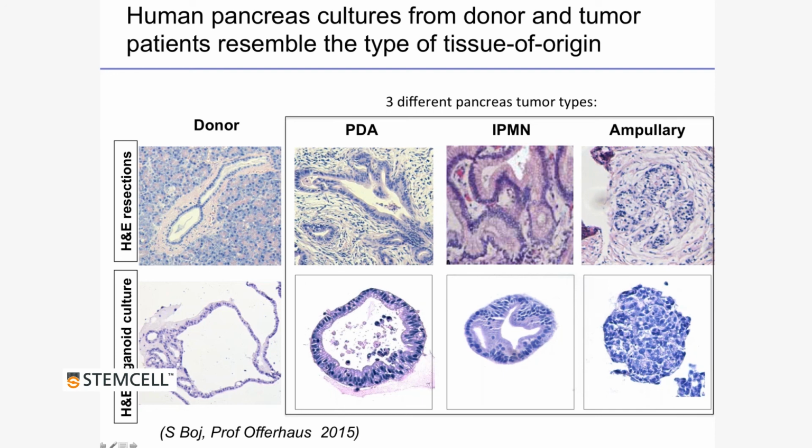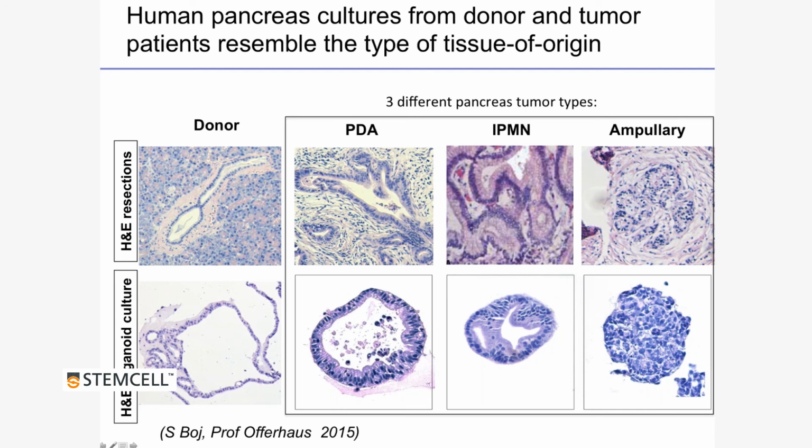We obtained organoids from these human pancreas cancers and put them in culture, and Sylvia Boj, my friend, recently published this data. She showed that when we grow normal human donor cultures from a pancreas, what we obtain is, as expected, a single layer epithelium of ductal cells.